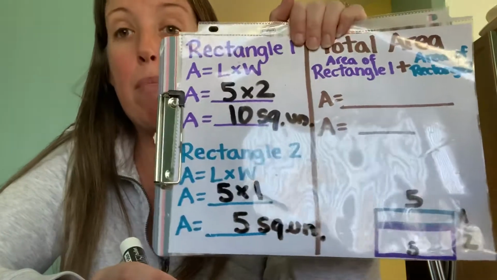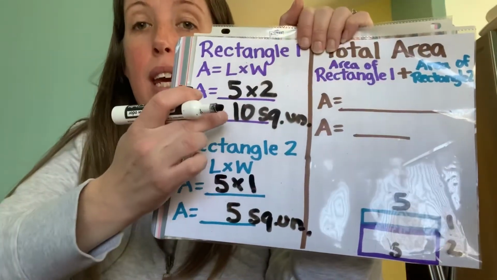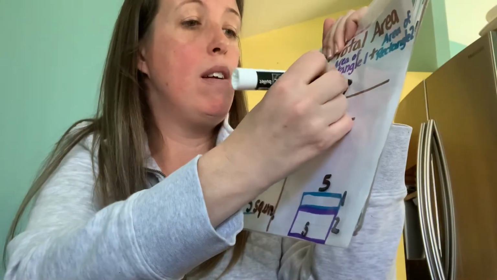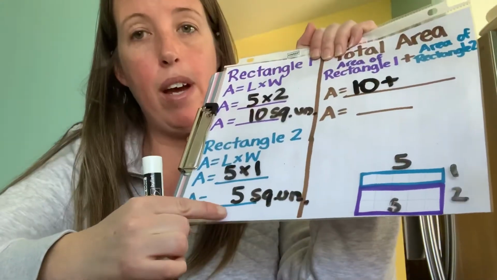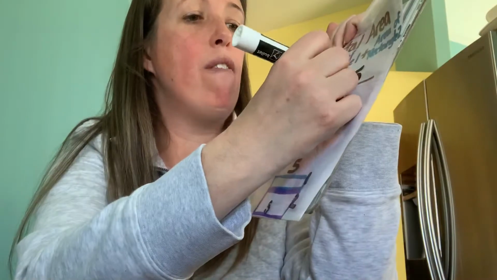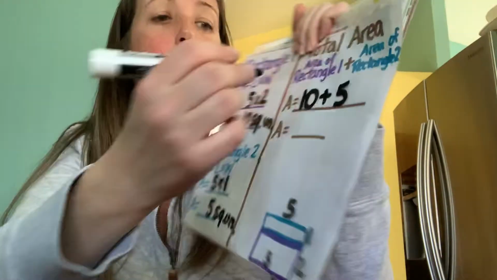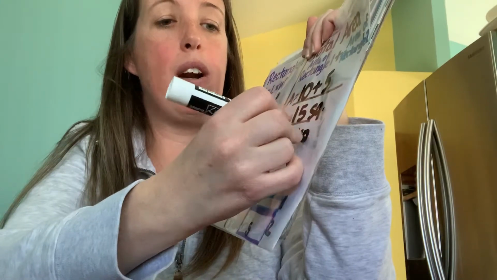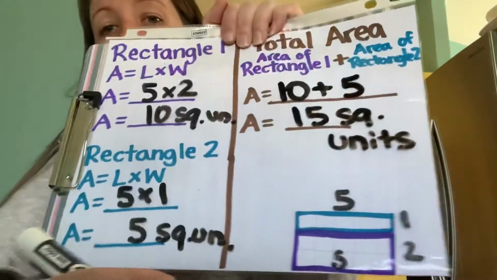To find my combined area, I'm going to take the area of rectangle 1, which was 10, plus the area of rectangle 2, which was 5, and that gives me a total area of 15 square units. Okay, so now it's your turn.